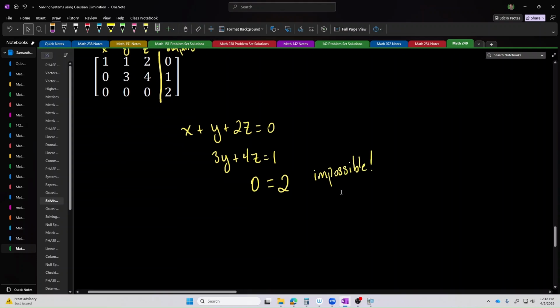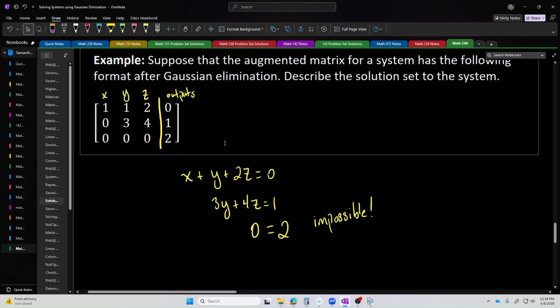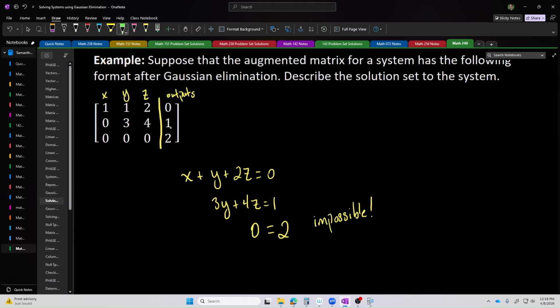So the issue is that, after row reduction, we ended up with a pivot. We ended up with a non-zero entry here in the outputs column.